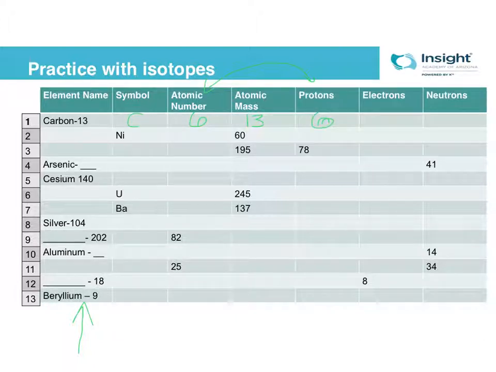There's nothing on here about this being an ion. Isotopes are still neutral atoms. So my electrons and protons have to be equal to each other so that I don't end up with a charge. I don't want an ion in this case. And then my neutrons have to be what I would add to 6 to get to 13, so that's going to be 7.